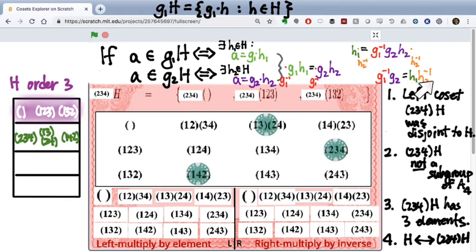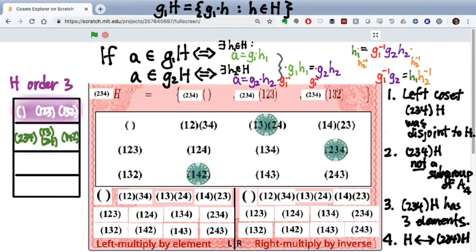What do I know about H1, H2 inverse? Where does it live? Yeah, and so H1 lived in H. H2 lived in H. So where does H2 inverse live? Well, it's a group. H is a subgroup, and so the inverse property says H2 inverse has to live in H. And then where does H1 times H2 inverse live?